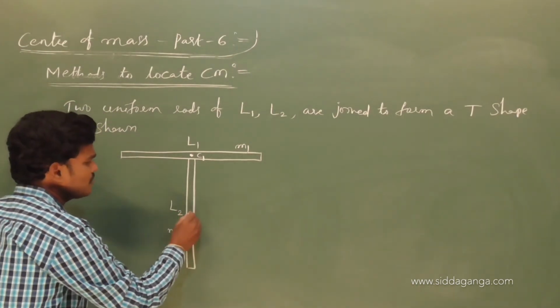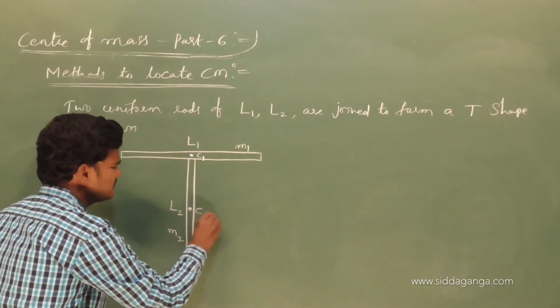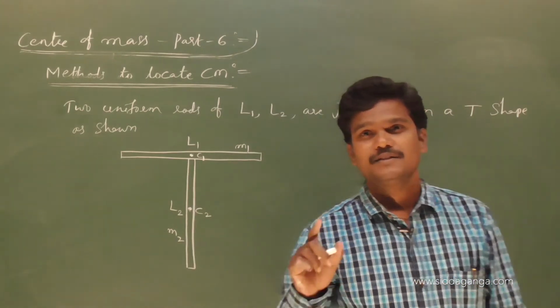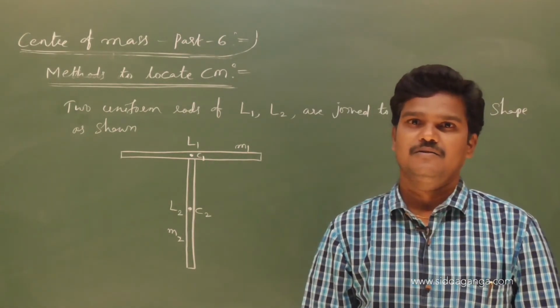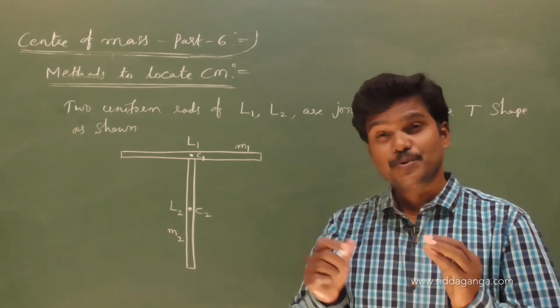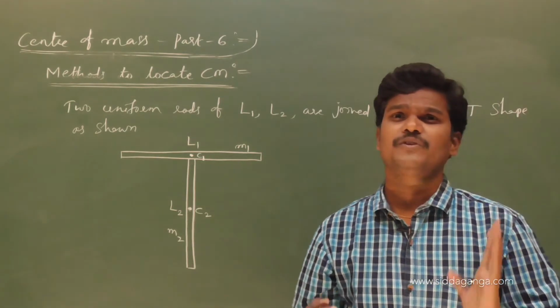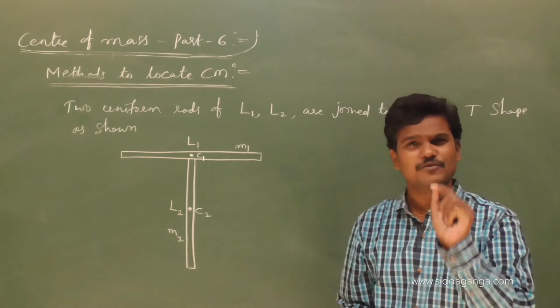And the center of mass of M2 is also at the center, let us take it as C2. C1, C2 are the centers of mass of those two uniform rods, with uniform density. If it is a non-uniform density, we have to go for the integration method. Right now, uniform rods with uniform density and uniform thickness.